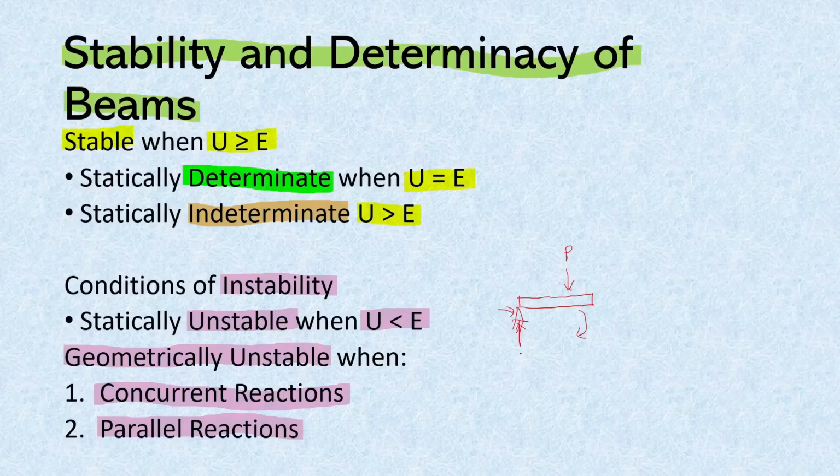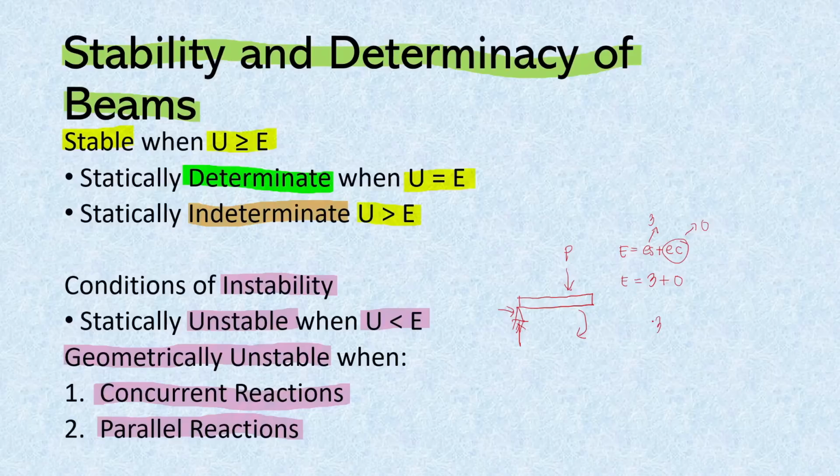Now, why is it unstable? It's because the number of unknowns is lesser than the total number of equations, because we have 3 static equations. Now again, E is equal to ES plus EC. The number of static equations is 3, and then we don't have equations of condition because we don't have an internal hinge or ruler, and so this will be 0. So E will be equal to 3 plus 0.